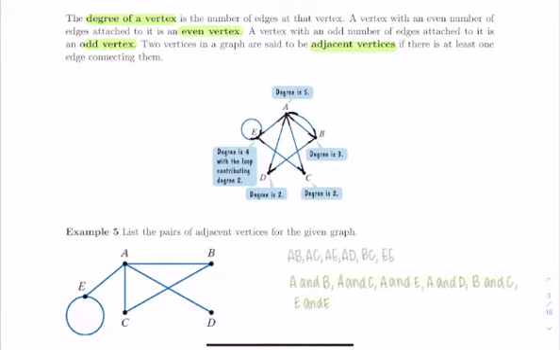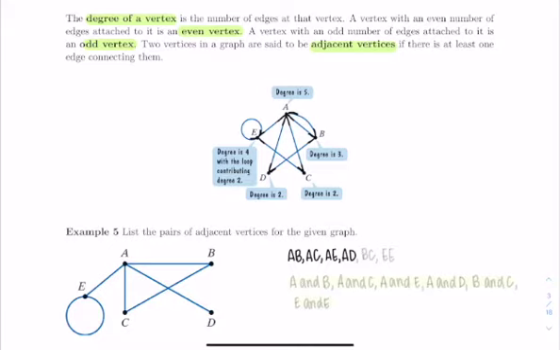We have an edge between A and B. We have an edge between A and C, and an edge between A and E. We also have an edge between A and D, and that matches because the degree of the vertex of A is 4.